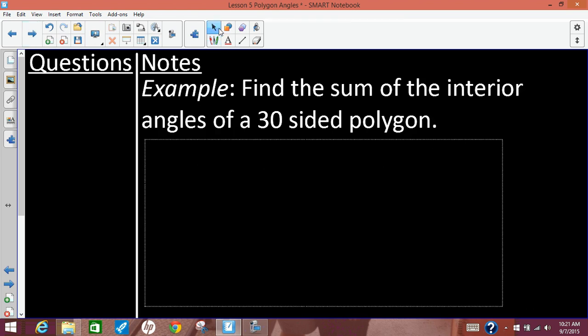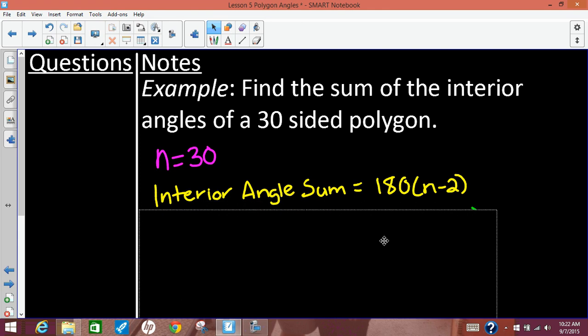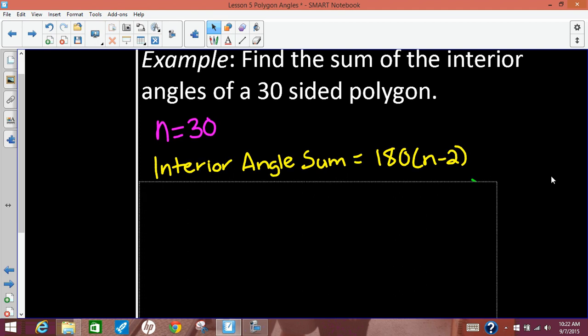So we can do an example here. I want to find the sum of the interior angles of a 30-sided polygon. So n is 30, the number of sides is 30. That also means that the number of interior angles is 30. I'll start by writing my formula. If I write my formula every time, eventually it's going to be just committed to my memory.